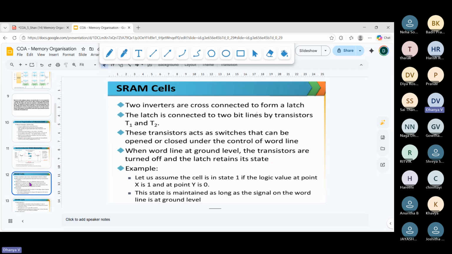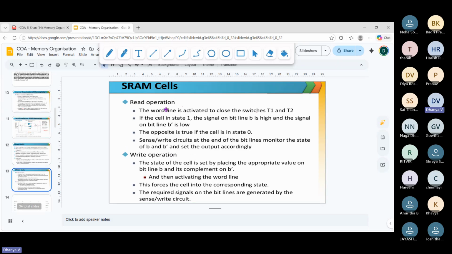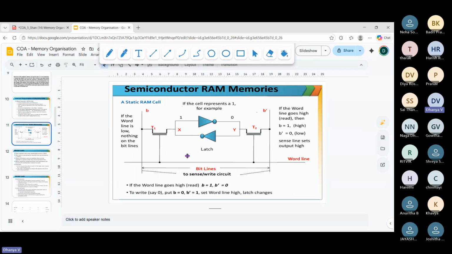Whatever I said is just told in terms of words. Read and write operations are just told in terms of words. So read, we told what happens. In case of write operations, let's say your word line is 1. So both your transistors are on and you are entering some value into your B and B dash.